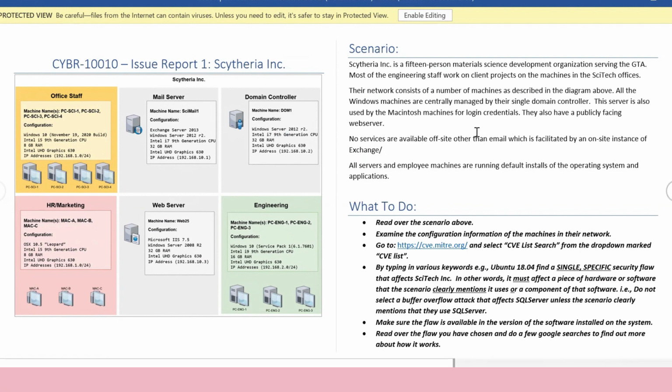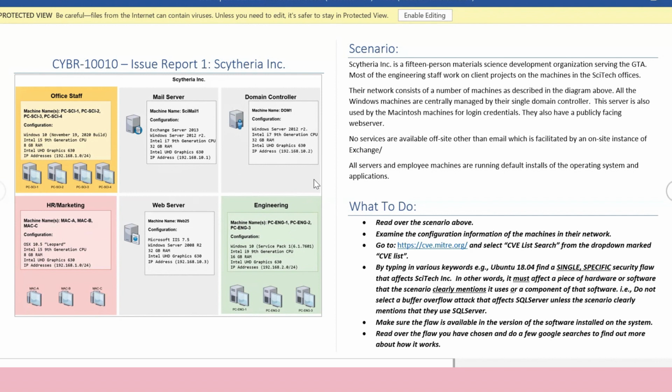So I think it has to start from inside, because here they are saying that no services are available offsite other than the email. Even outside, there's no way you can access this because we are not seeing any public IP attached to it. So how do you access this from outside the organization? It's going to be difficult.